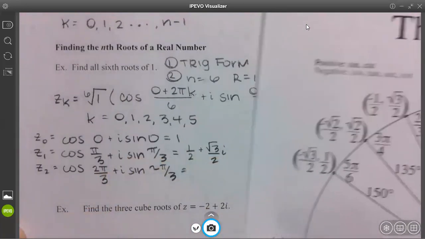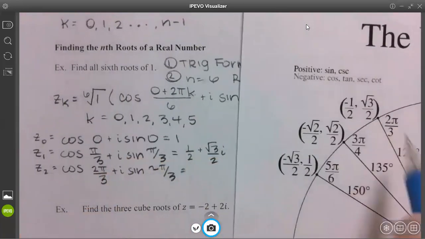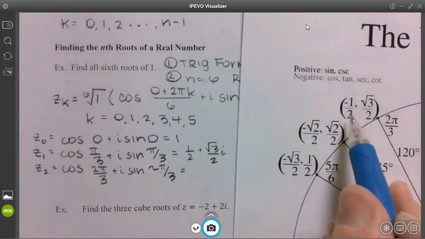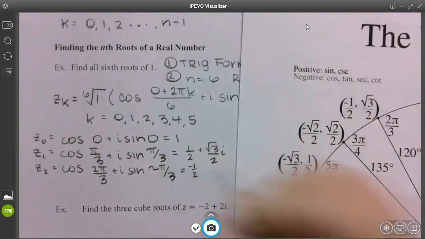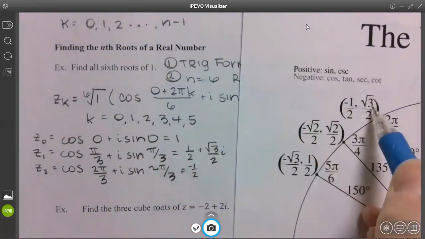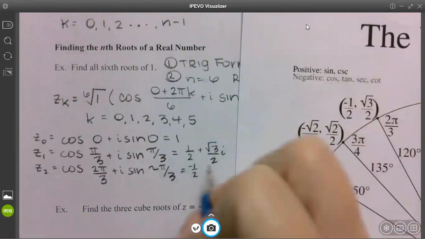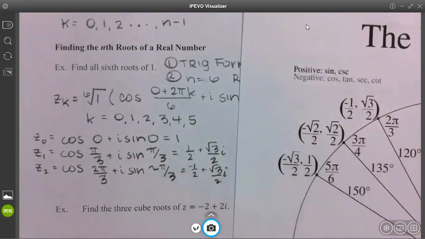Your 2 pi over 3 is right there. Cosine is negative 1/2, and then for 2 pi over 3, your sine is square root of 3 over 2. So plus square root of 3 over 2 i.